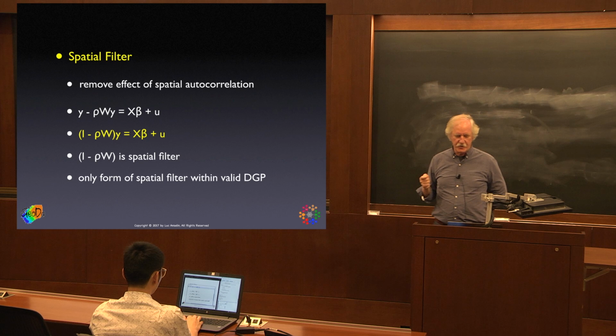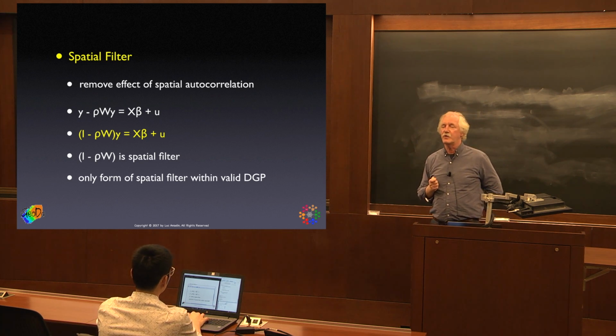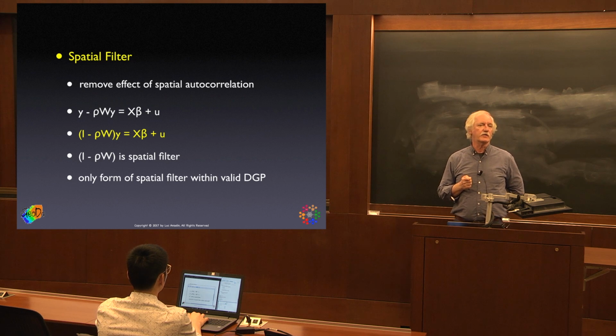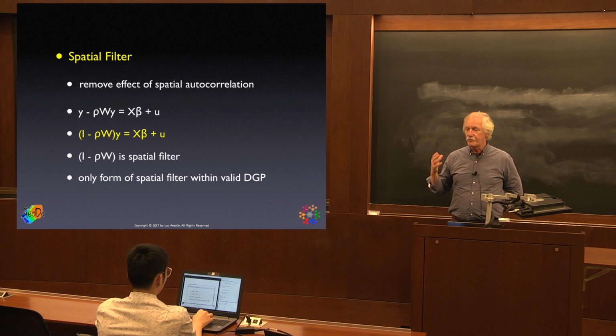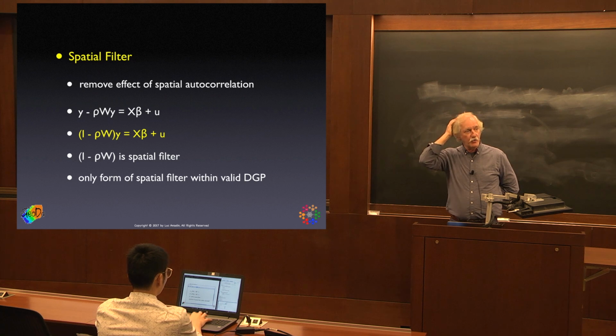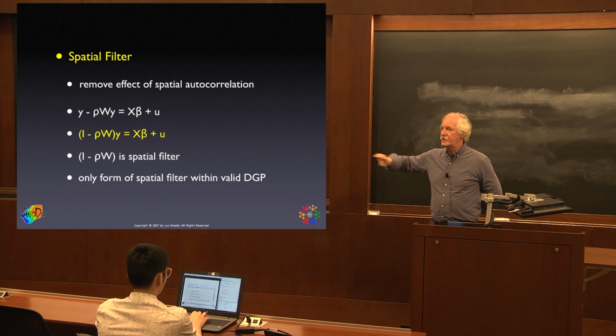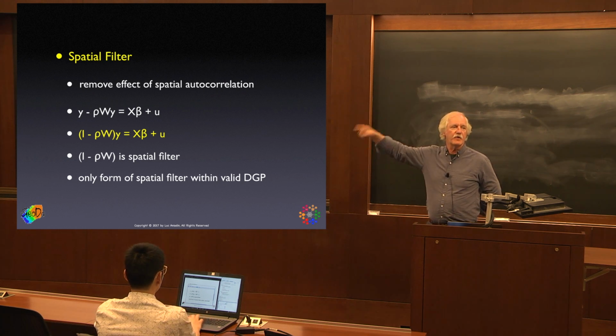The second difference is that the estimation of the parameter, the rho parameter, is not a straightforward exercise and cannot be done by ordinary least squares. But as such, this spatial filter is totally legit, right? It basically tells you what is the effect of x after I filter out the effect of the neighboring value.